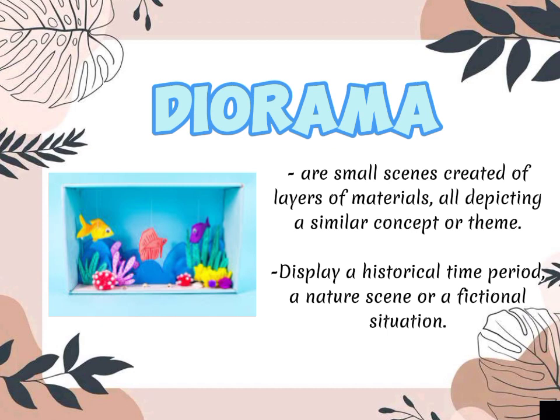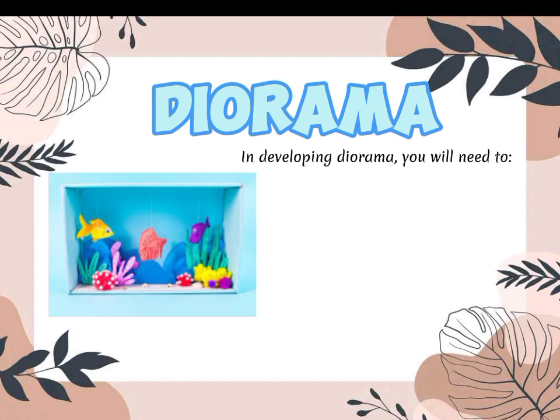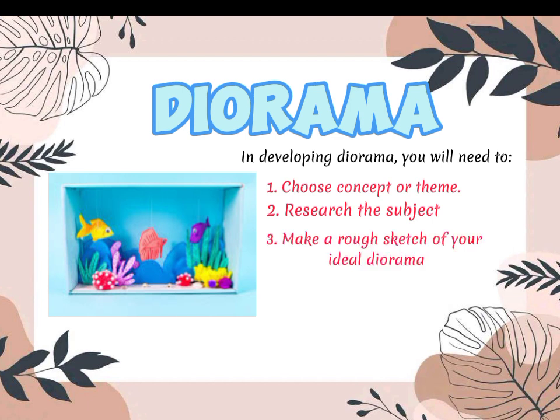It is a fun way to build an exciting scene in a small space. In developing a diorama, you will need to first choose a concept or theme. Second, research the subject. Third, make a rough sketch of your ideal diorama.